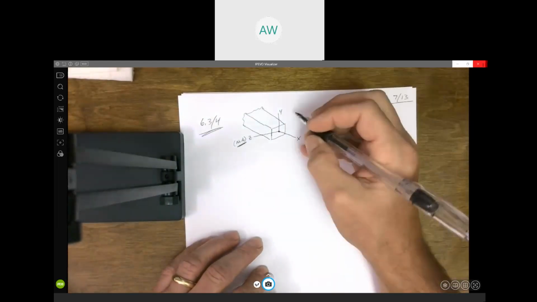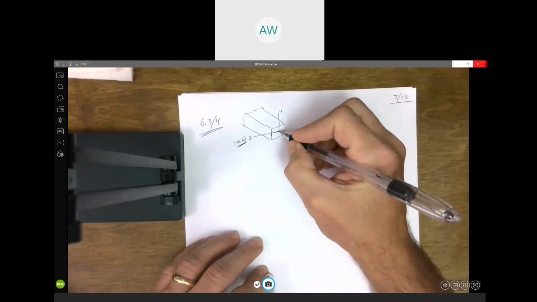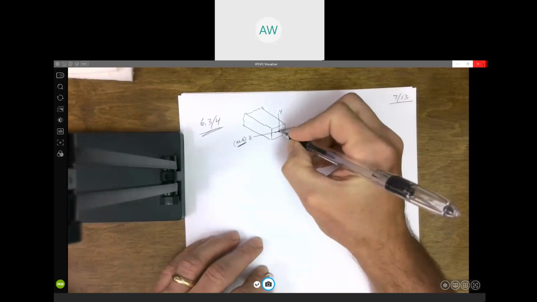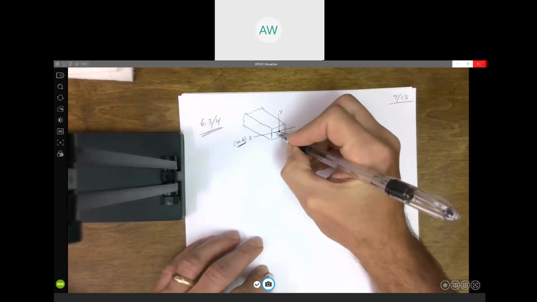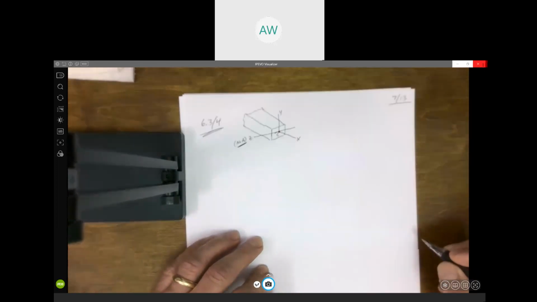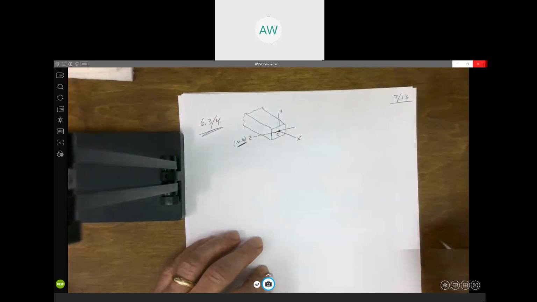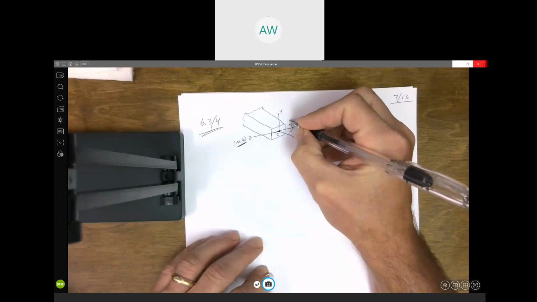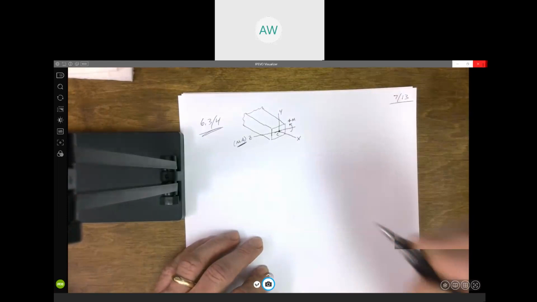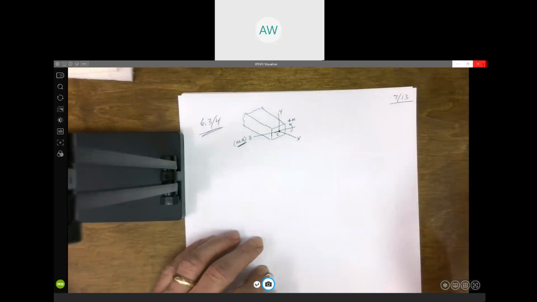One of the things we saw and proved was that the neutral axis goes through the centroid of that cross section. We also define this direction as a positive moment, one that bends the beam so that it's concave up.